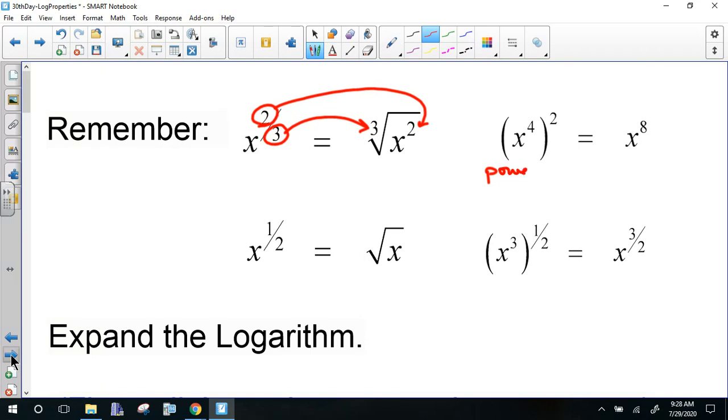One of our exponent rules was power to a power. That's two exponents separated by a parenthesis. We multiply those exponents.